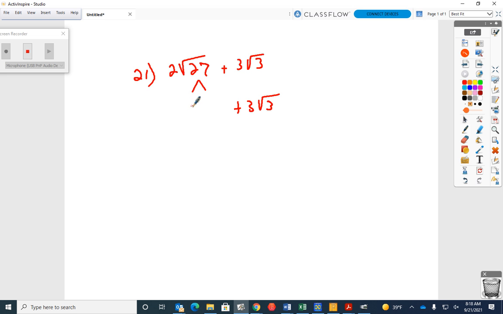Give me some factors of 27. 9 and 3. Square root of 9 is 3, so 3 radical 3. What's 2 times 3? 6. So 6 radical 3 plus 3 radical 3 equals 9 radical 3. 6 plus 3 is 9 radical 3. Yay.